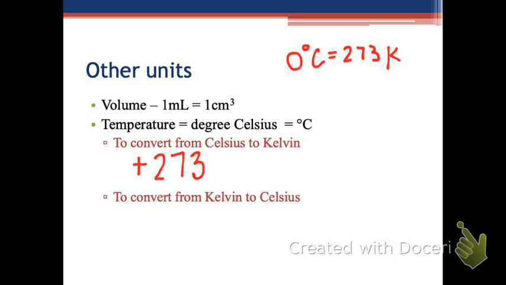Kelvin is like the absolute way to measure temperature. Does anyone know what happens when we get to 0 Kelvin? Anyone know what that's called? If we would get to 0 Kelvin, that means we are at negative 273 degrees Celsius. What happens if we reach that point? We cease to exist. This is called absolute zero. Absolute zero, write that down.